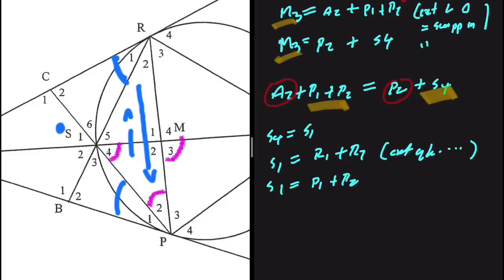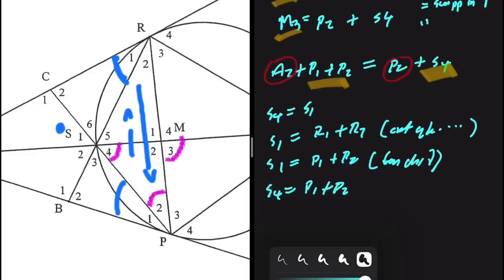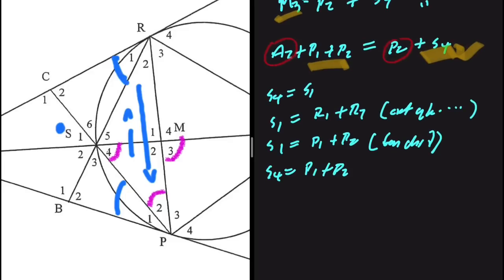So we have S1 being equal to P1 plus P2. But S1 is S4. So S4 is equal to P1 plus P2. This is because of the tan chord theorem, okay? So let's come back to this equation that we're interested in. We can replace S4 with P1 plus P2 because we have shown that S1 is equal to R1 plus R2, which is equal to P1 plus P2, and S4 is equal to S1, which is equal to P1 plus P2.